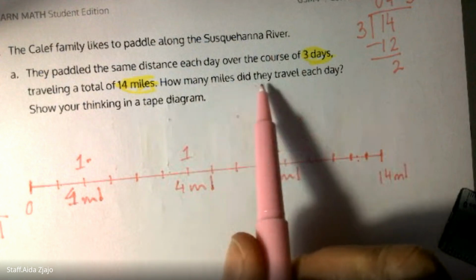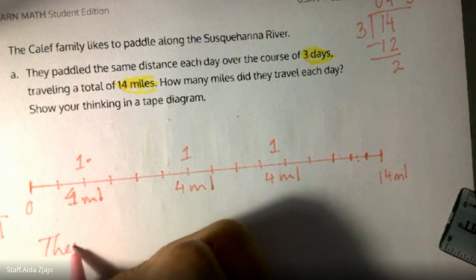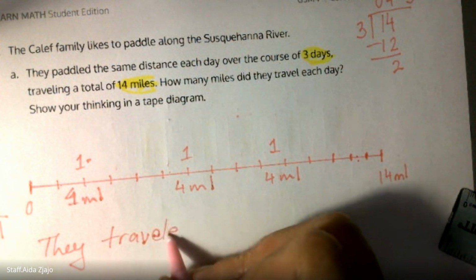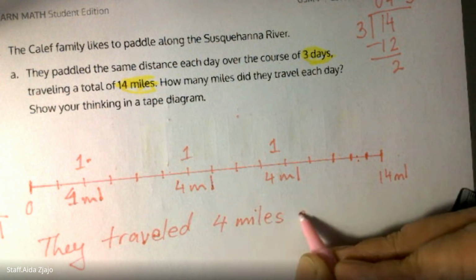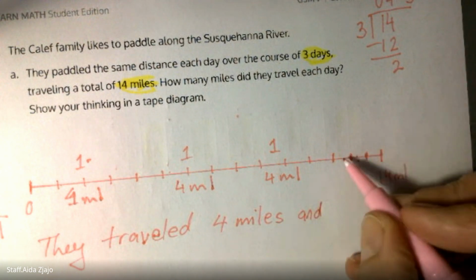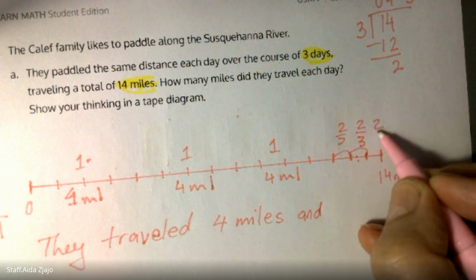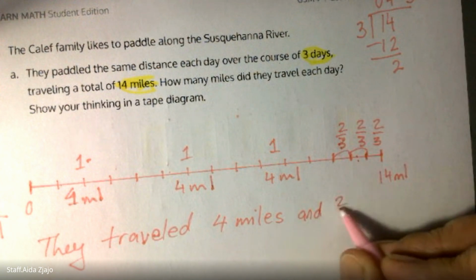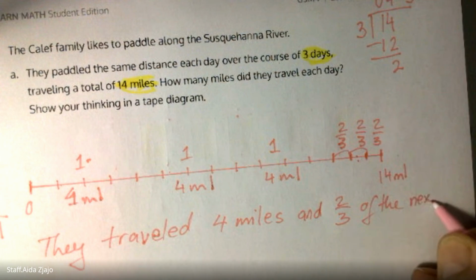Let me see how many miles did I travel each day? They traveled 4 miles, and this is a 2/3. 2/3. 4 miles and 2/3 of the next mile.